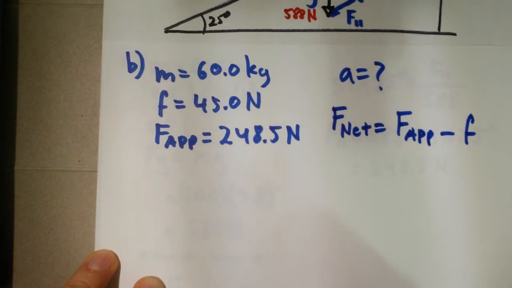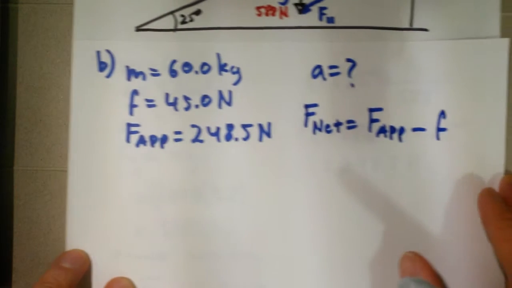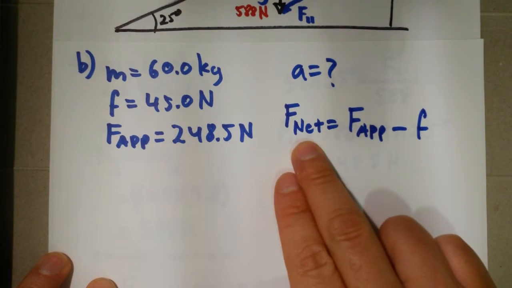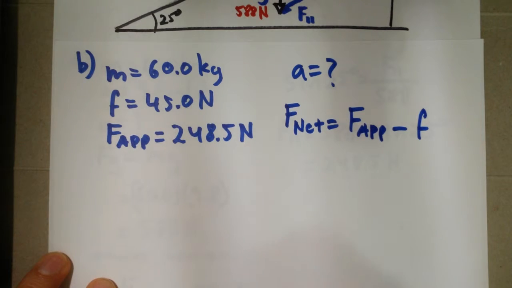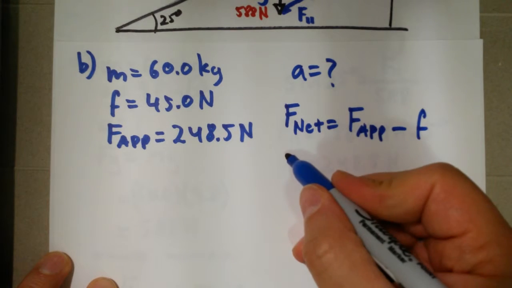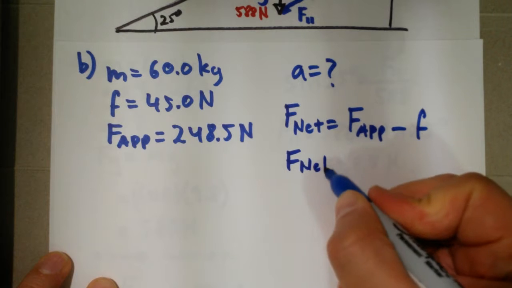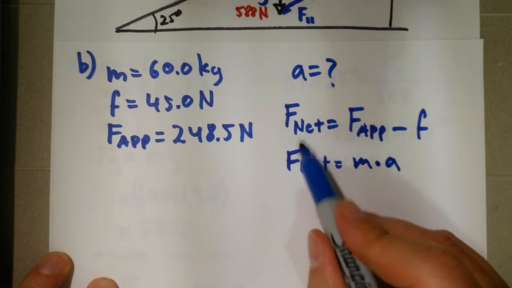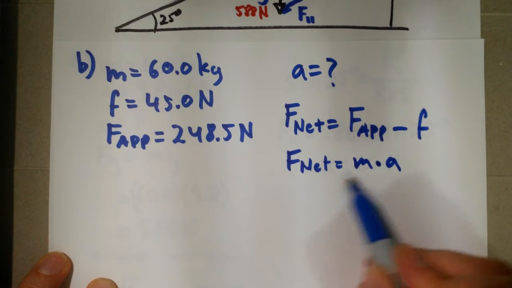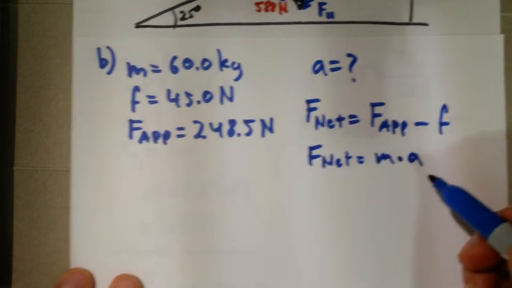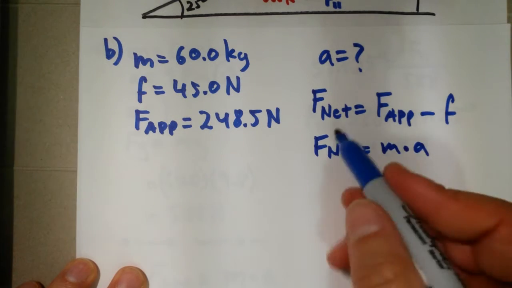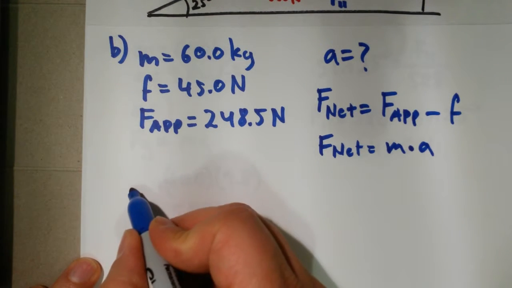Okay, good. So first, we need to find the net force so that later on we can use this formula. I'm going to end up writing it again anyways, but I just want to show you. We're going to find our net force first, and once we have that, we can figure out what the acceleration is.